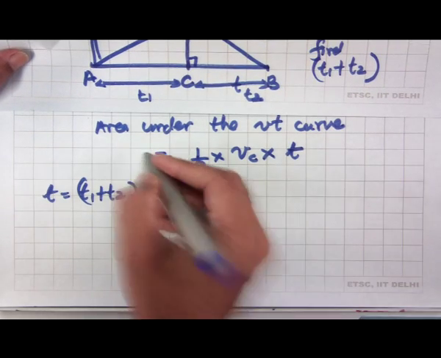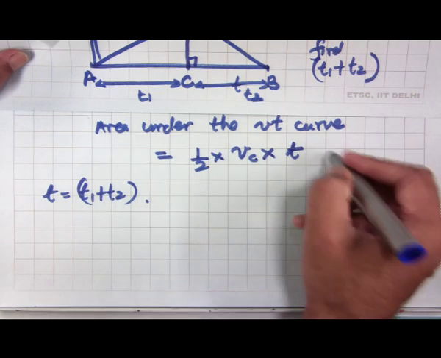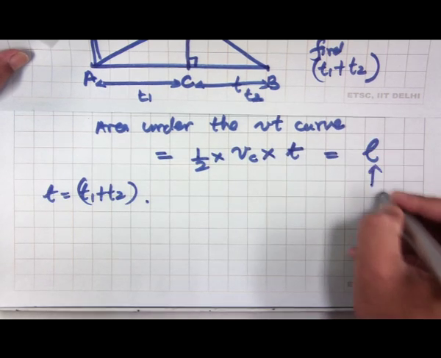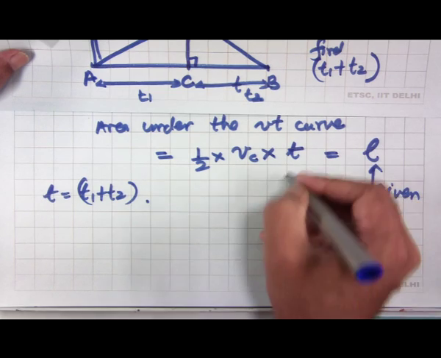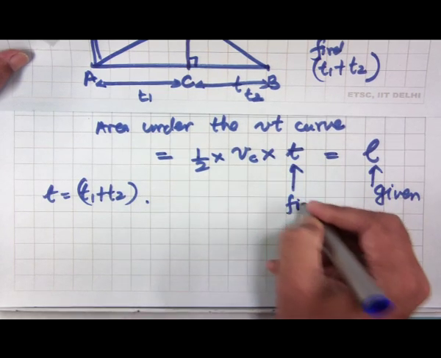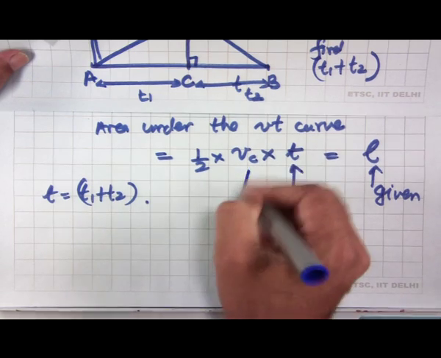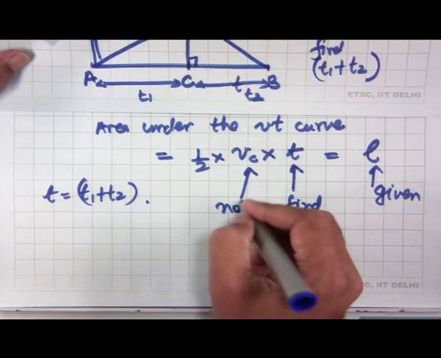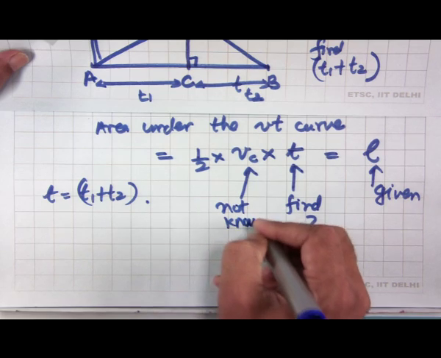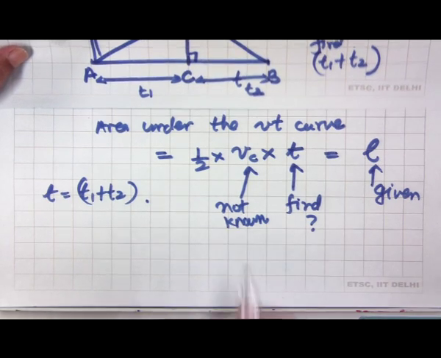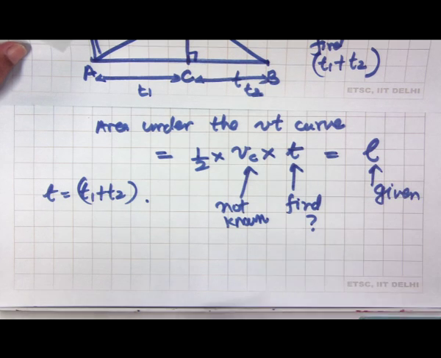And this is given to us, this is equal to L. So, this L is given, t is what we have to find, and Vc as of now is not known. So, here we get one relation, and we want to find the second relation.